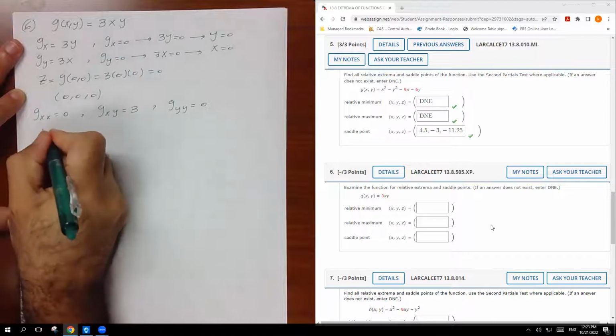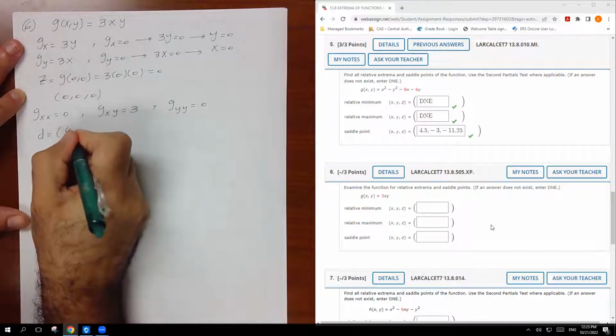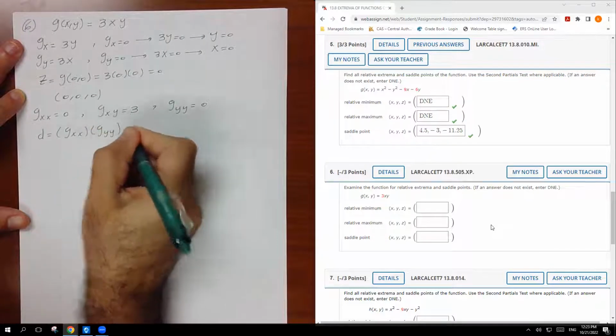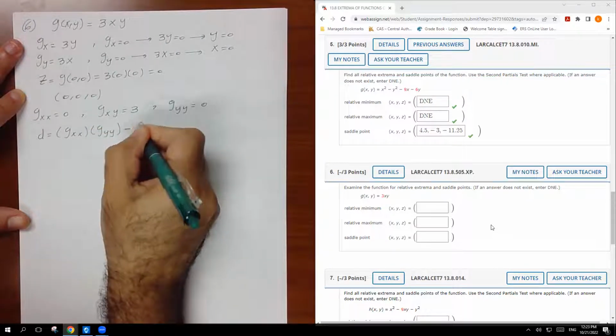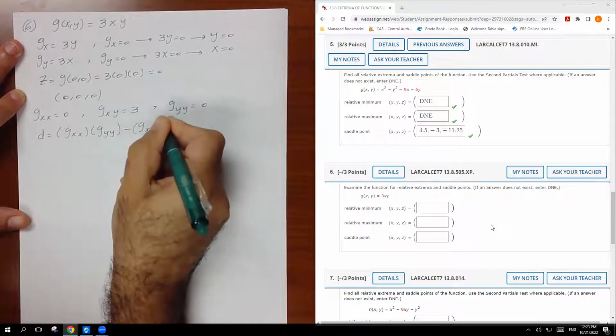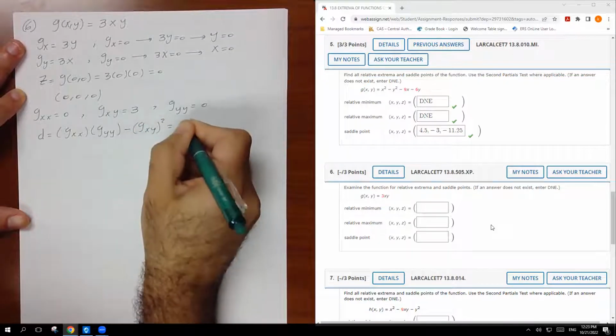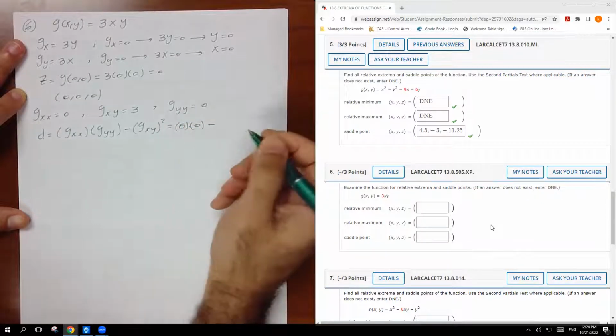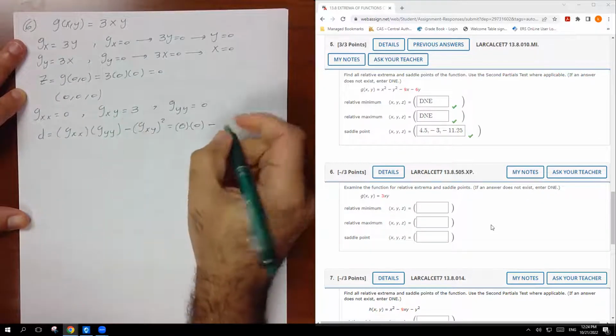That means D is going to be equal to g sub xx times g sub yy minus g sub xy squared, which is equal to 0 times 0 minus 3 squared.